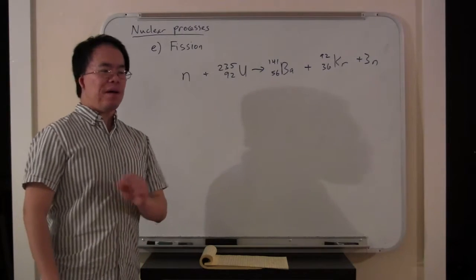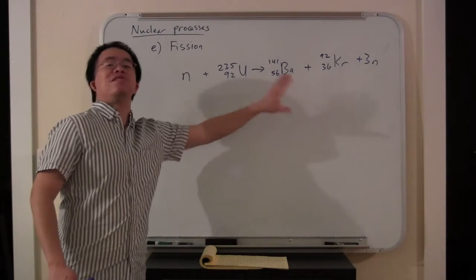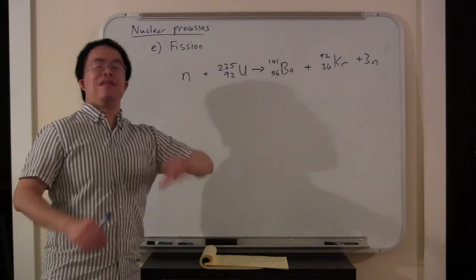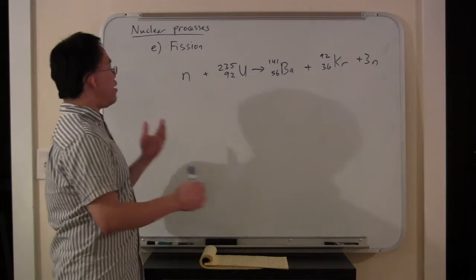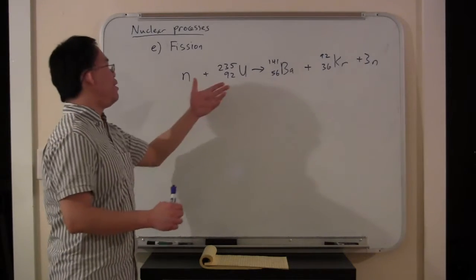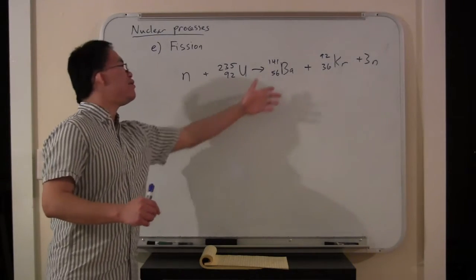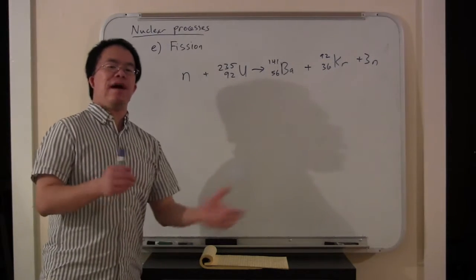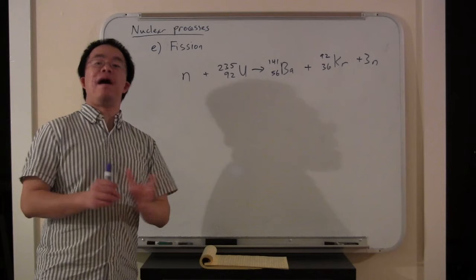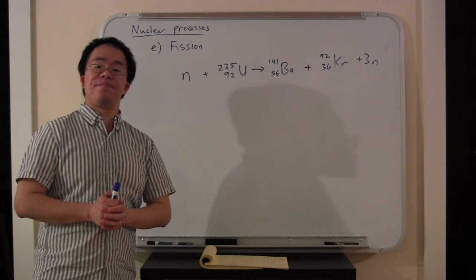As you think about that exercise, I'll tell you that this is a process that releases energy. You should think about what you might expect: are the initial things more massive, or are the final things more massive? So think about that, and then we'll come back and I'll discuss it.